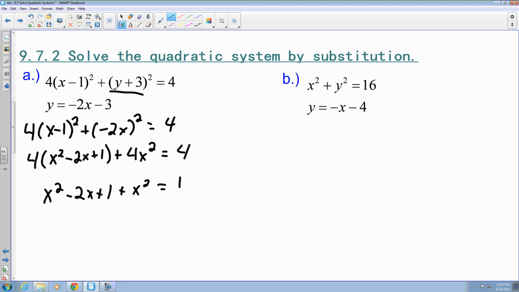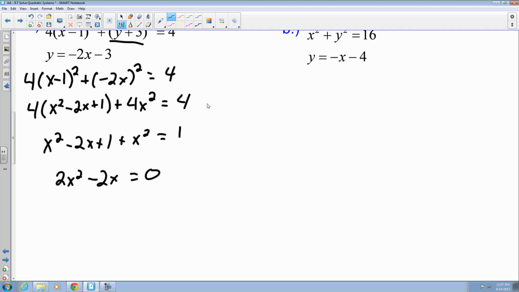I get to combine like terms and set it equal to 0, so I got 2x squared minus 2x equals 0. I can factor out a 2x here, so I got x times x minus 1 equals 0. Using the zero product property, I got x equaling 0 and x equaling 1.